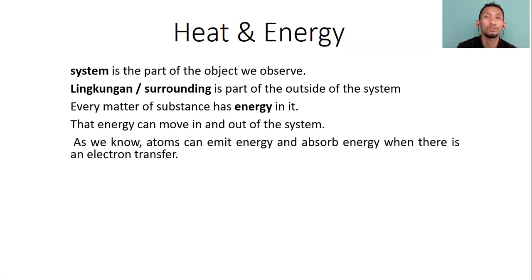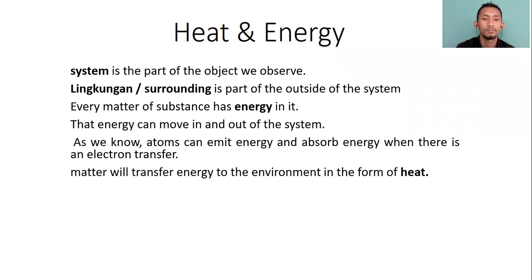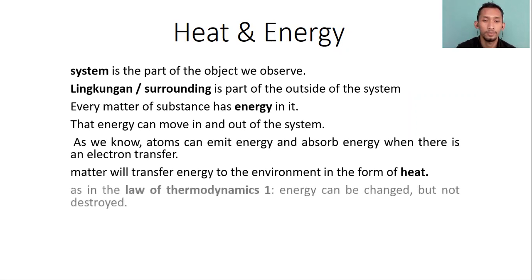That is the proof that all matter has energy. Like when an electron jumps to another atom, it can emit or absorb energy. And in chemistry, the energy in matter we just see from the heat.